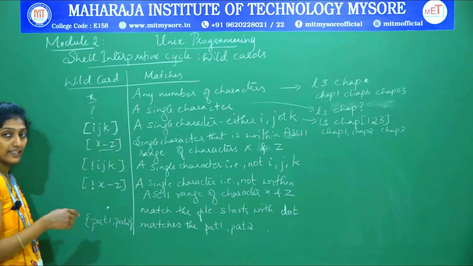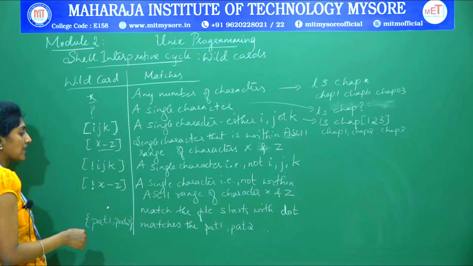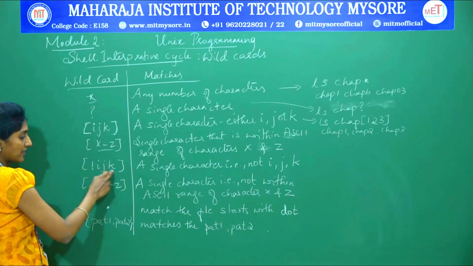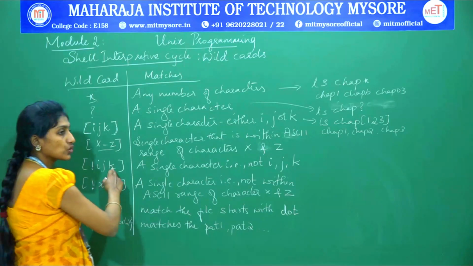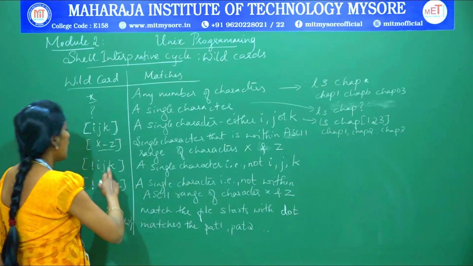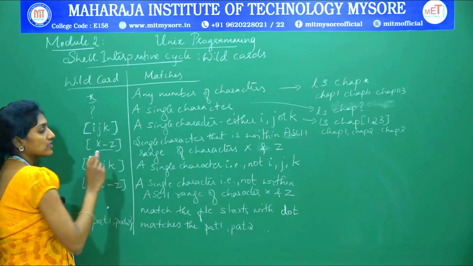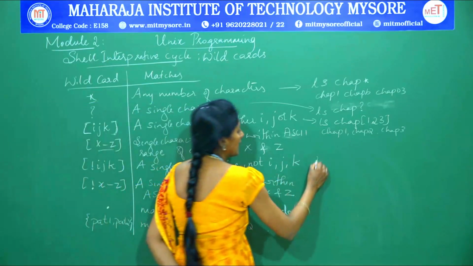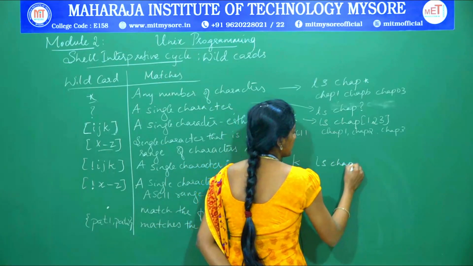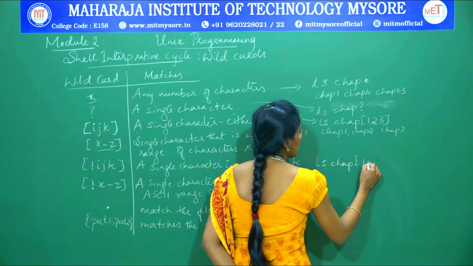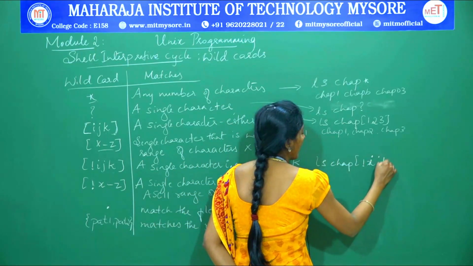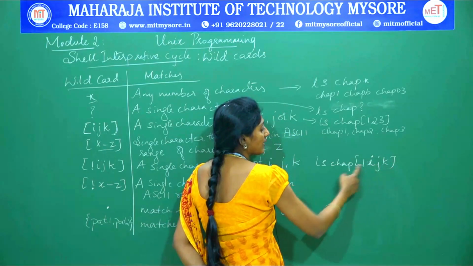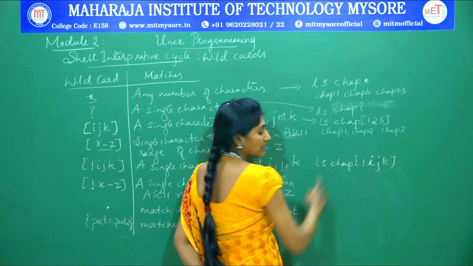Next we have negating this character class. Negating this character class means whatever characters I have specified inside this character class, this is going to match apart from ijk, that is, not ijk. So if I consider ls chap followed by the negated class of i, j and k, it is not going to match these files, chapter i, chapter j, chapter k.